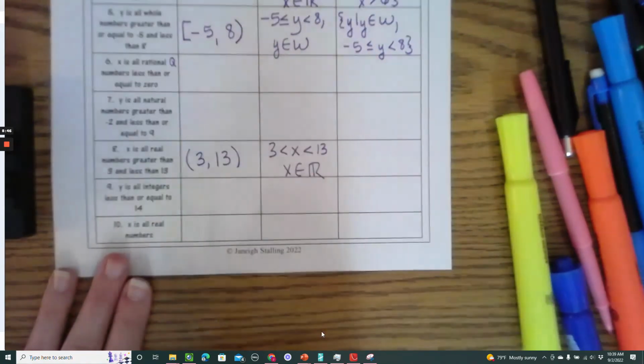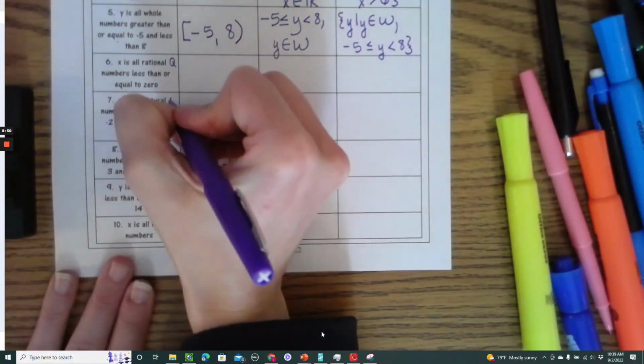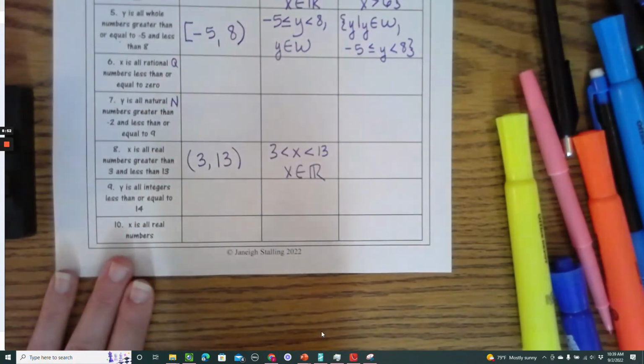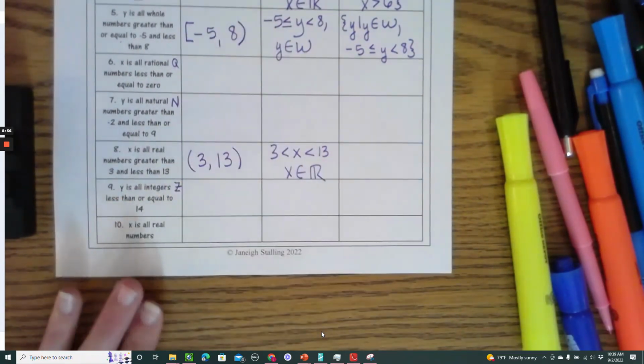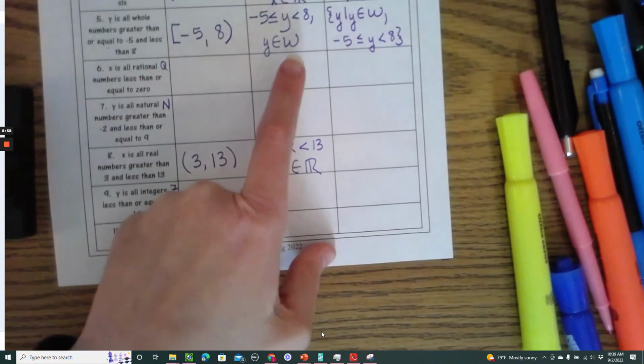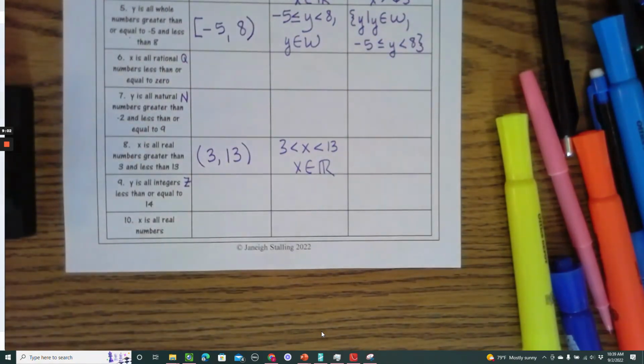Rational is a Q. Natural numbers is an N. Integers is a Z. So when you're writing these parts like this, those are the letters you need to use to represent those sets.